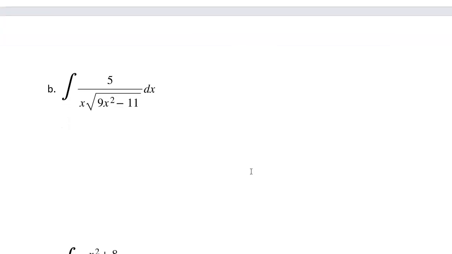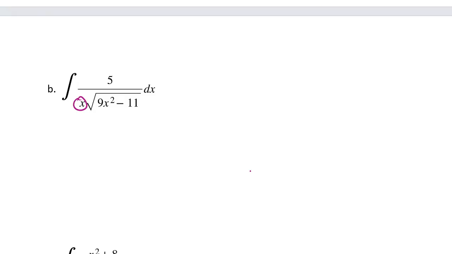All right, let's take a look at this one. Now this one is very similar to the third one, because you see we have the x out in front.